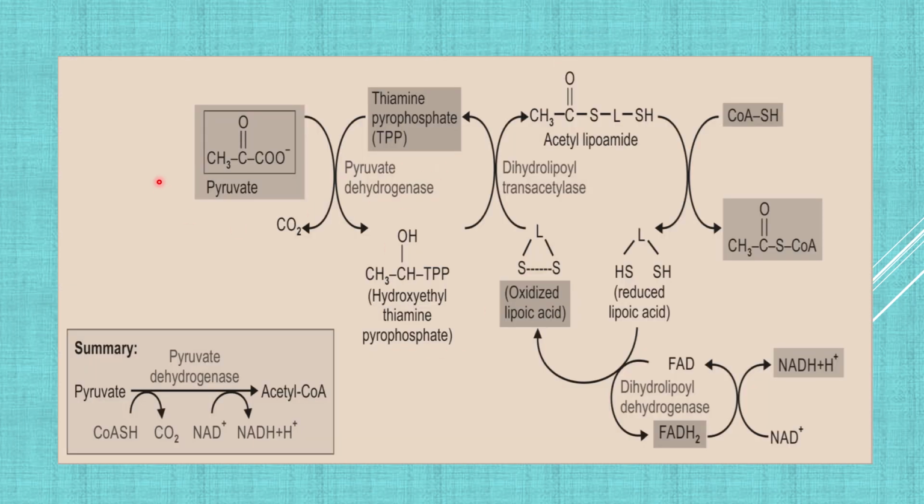So you can see here how the conversion of pyruvate to acetyl coenzyme A takes place. Pyruvate in the presence of the enzyme pyruvate dehydrogenase leads to the release of carbon dioxide.